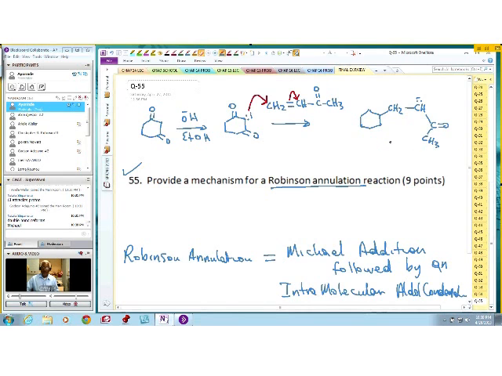At this point, we are now going to protonate this enolate ion here. So that gets protonated by the solvent. Now we have this.